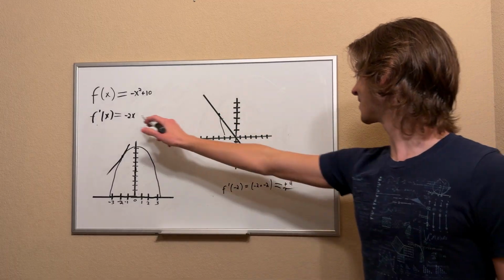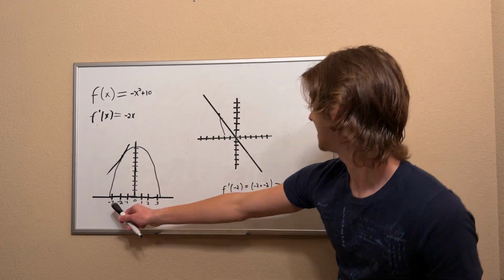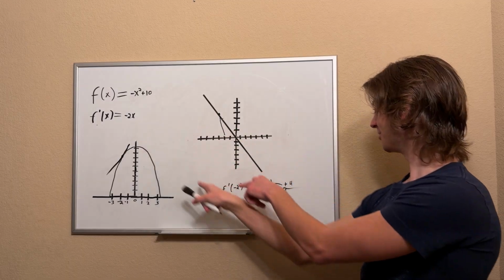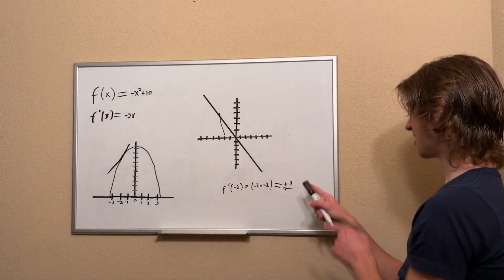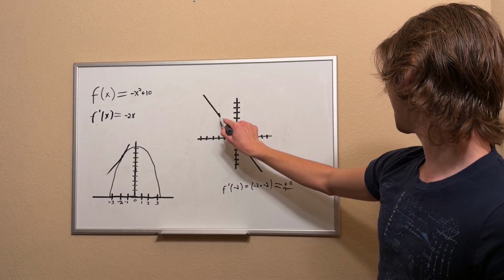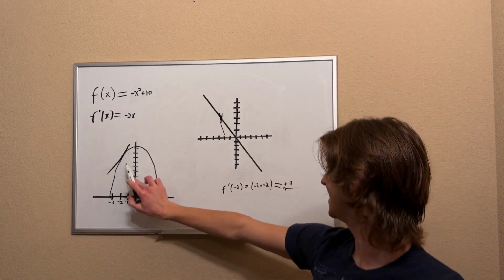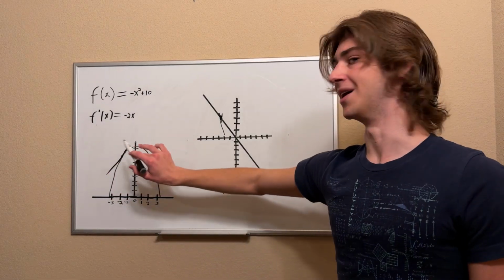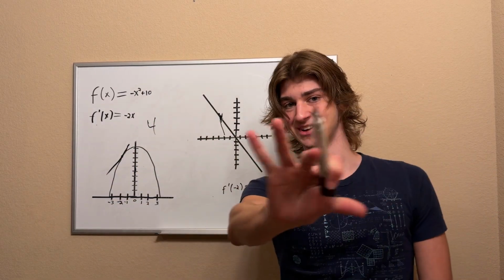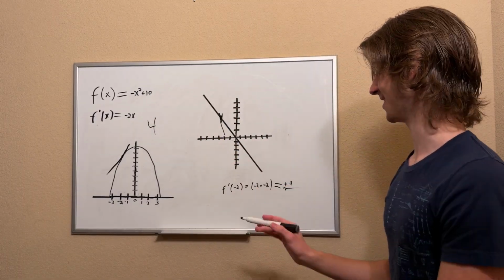So we asked the derivative, hey derivative, how steep is your parent at x equals -2? And we put that into the derivative, and it shot out +4, right? Which means this line right here has a rise over run, a slope of 4. And we can do that for any point on this parabola right here.